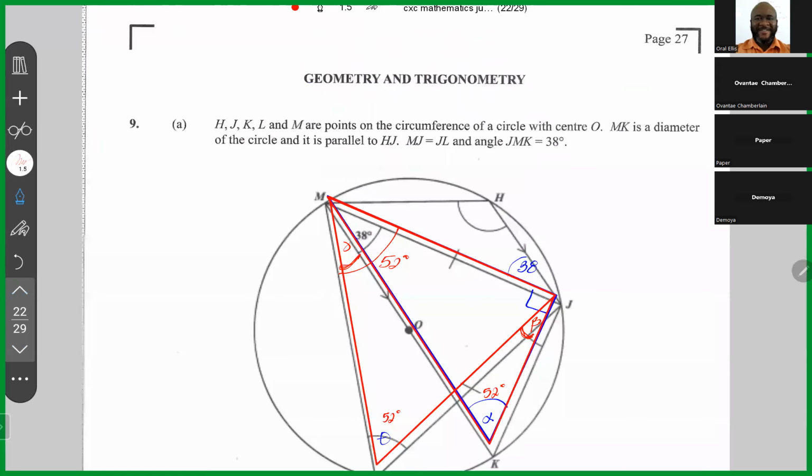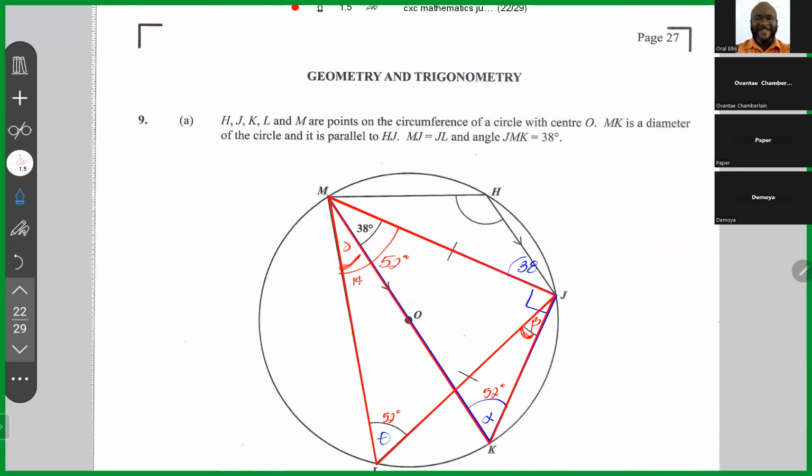So this angle here is 14 degrees, and this angle here is also 14 degrees for the same reason as the question before. They are both angles in the same segment.